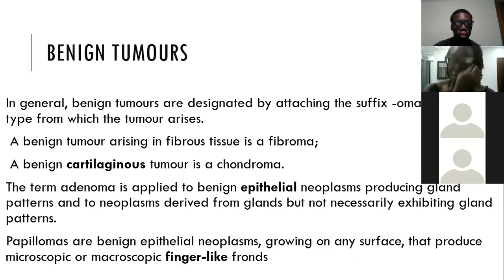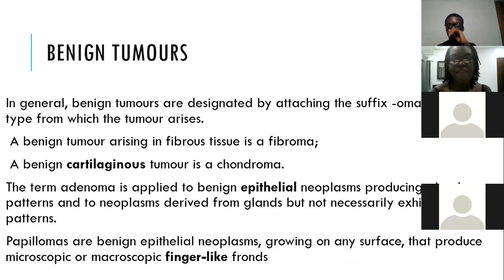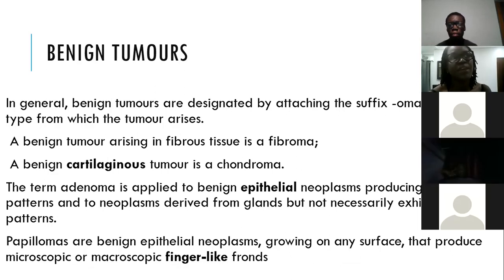Now, looking at the nomenclature for benign tumors, usually if the name of the tumor has OMA, then it's generally benign. If the tumor is from fibrous tissue, for example, it will be called a fibroma. If it is from cartilage tissue, which is chondrocytes, it will be called a chondroma.